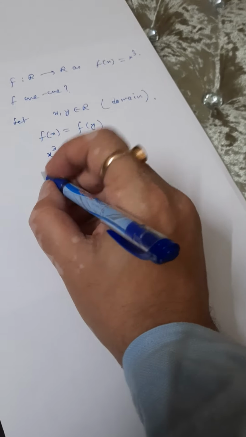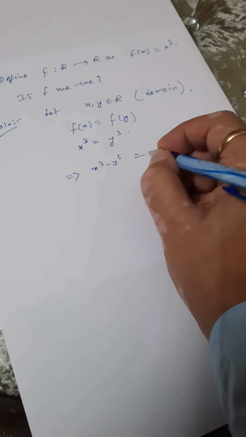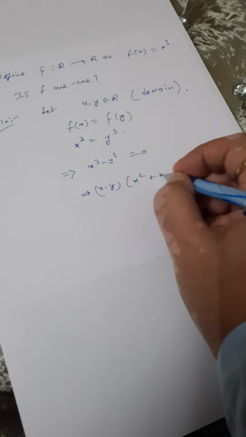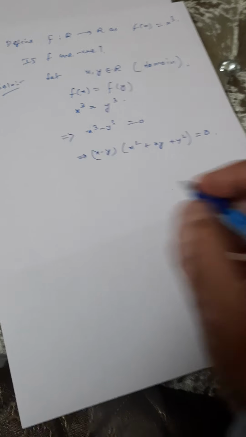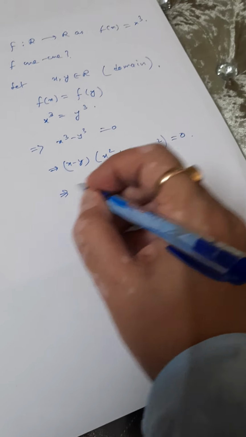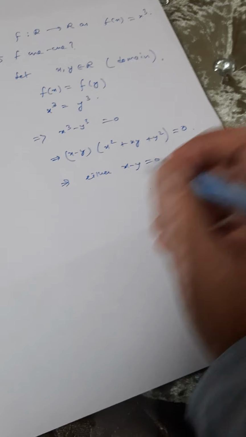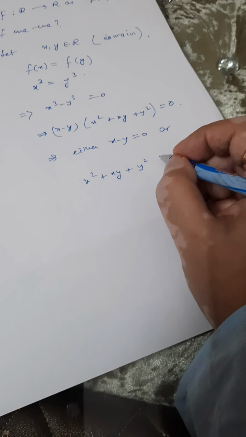Now, at once you write x equals y, but you have to prove how x equals y. Now, this means x cube minus y cube equals 0. This means that (x minus y)(x square plus xy plus y square) equals 0. This means either x minus y equals 0 or x square plus xy plus y square equals 0.